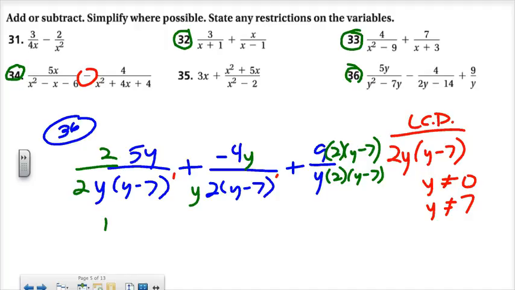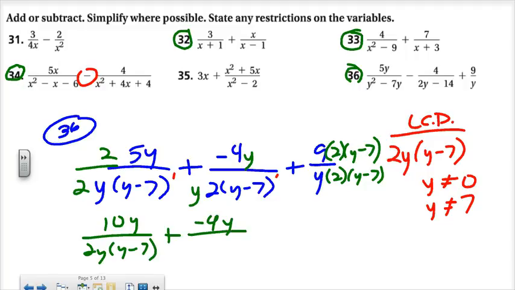So the first fraction will become 10y over 2y times the quantity y minus 7 plus negative 4y over 2y times the quantity y minus 7 plus, well, this will really be an 18 that we're going to distribute through here because 9 times 2 is 18.